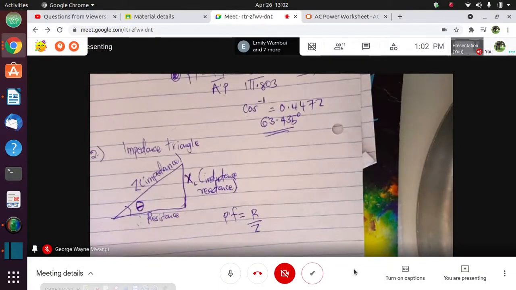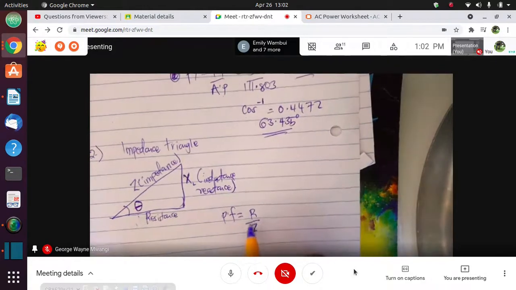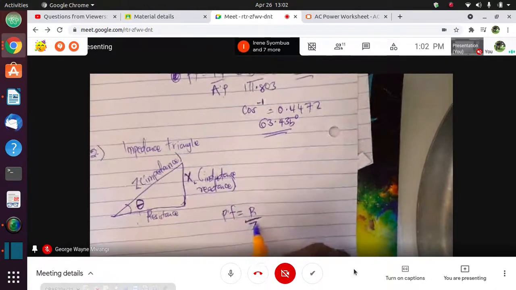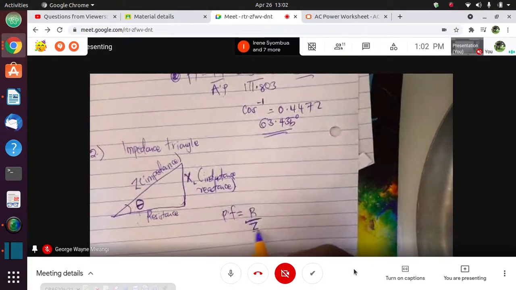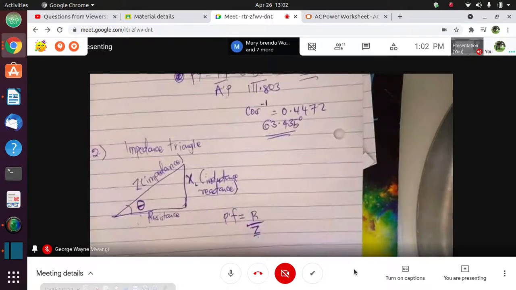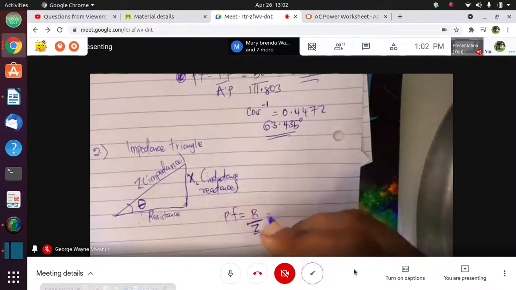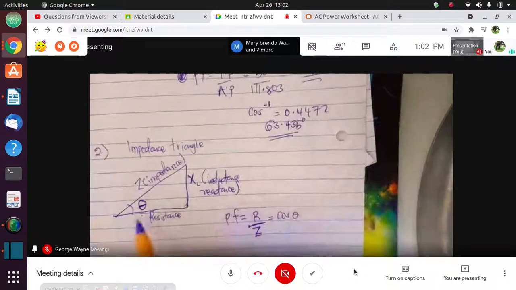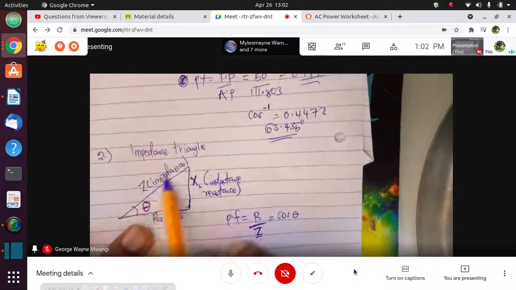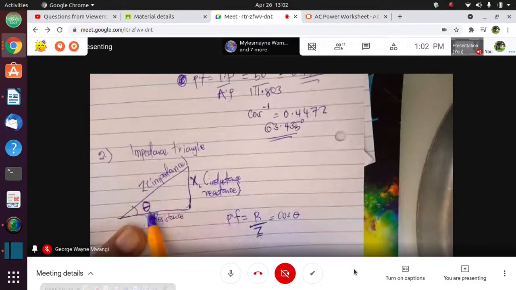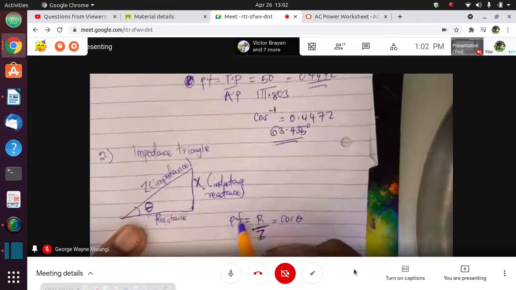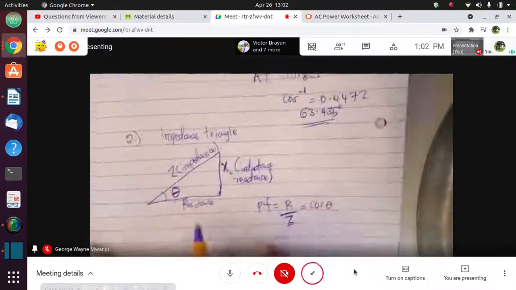It will be the resistance of that circuit, the value of the resistor in that circuit, over the total resistance, and in this case the total resistance is known as impedance, which is still cos of this angle. When you say adjacent divided by the hypotenuse, it is still cos. Now this is how to find power factor using the impedance triangle.